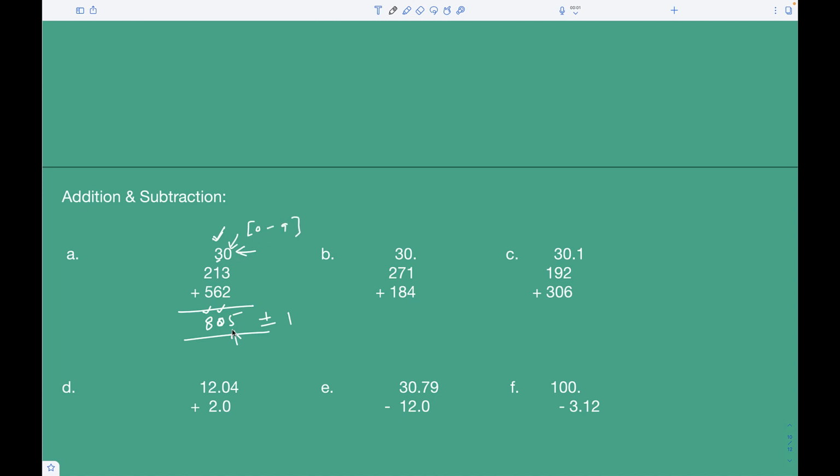If it is 0, then you would get one value here. And if it is 9, you would get a significantly different value here. That means the amount of uncertainty here is not plus or minus 1. That means this last digit is not a significant digit.